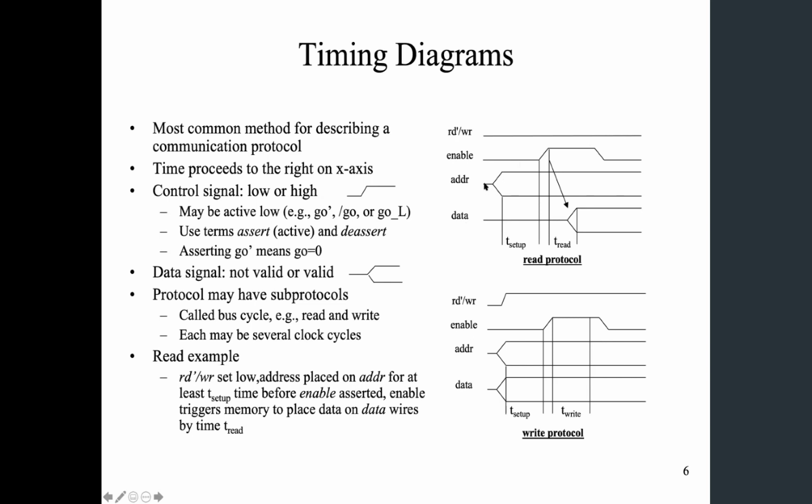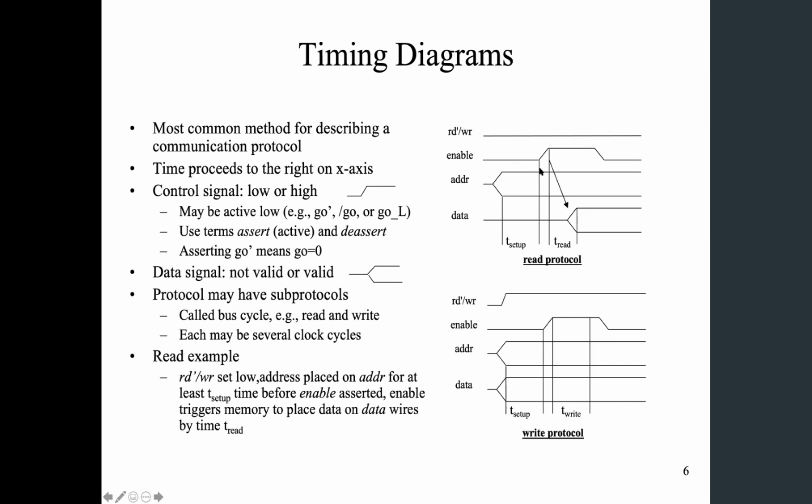This is an indication that the address will become valid. So this is a transition from invalid status to valid status. And of course, this is the duration of such a transition process.